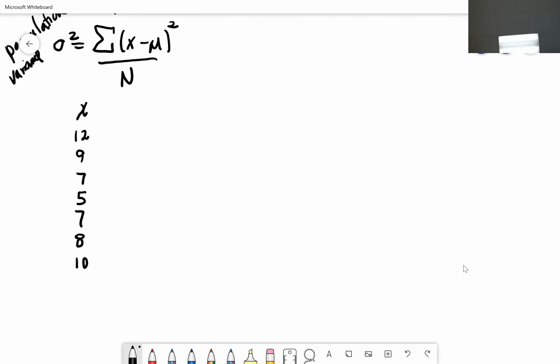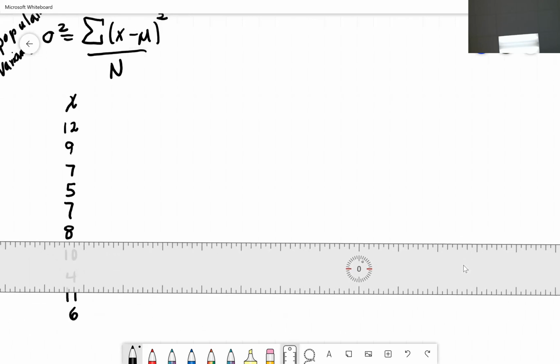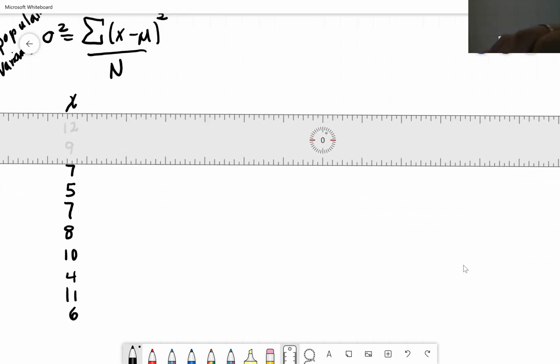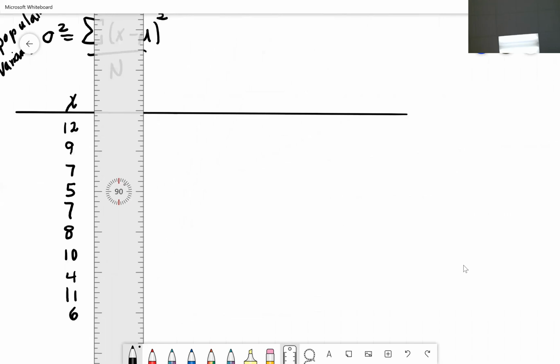We have a 10. We have a 4. An 11 and a 6. So now we've made a listing of the numbers. Don't miss any of the numbers.